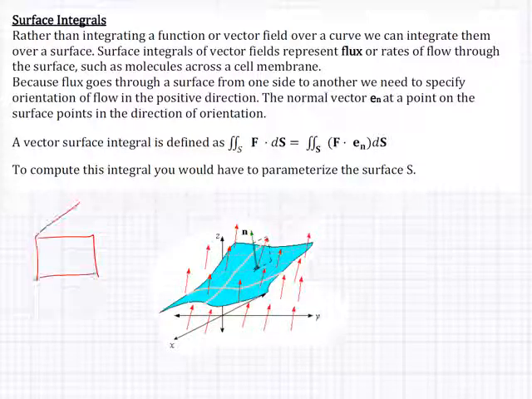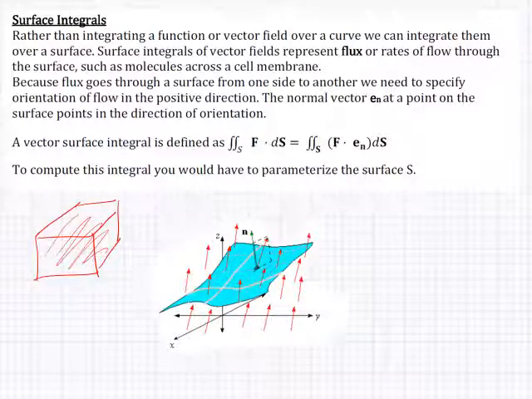The inside of that box was the volume we were integrating over. Now, if we talk about integrating over a surface, we're only going to integrate over the outside of that box. And we could talk about integrating functions over that surface or integrating vector fields over that surface.